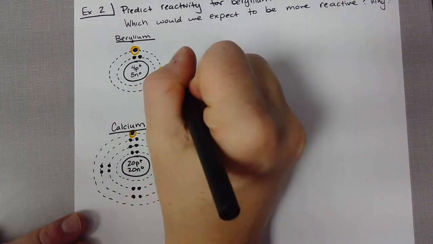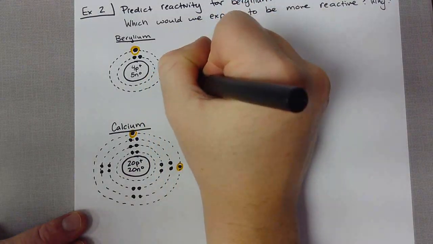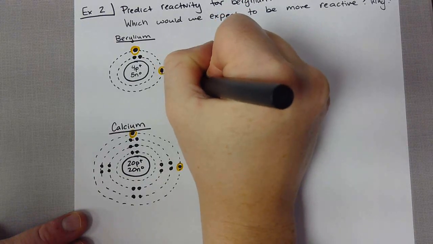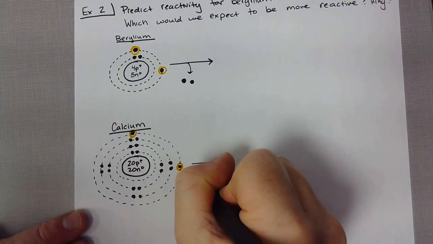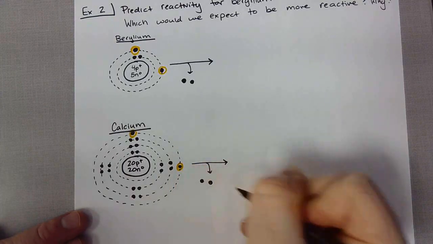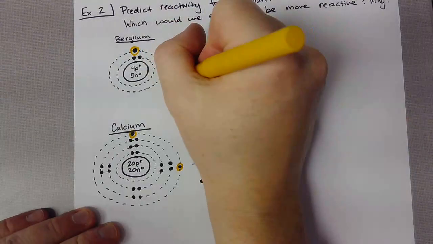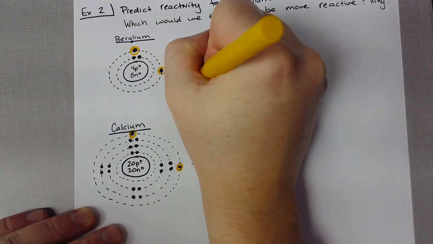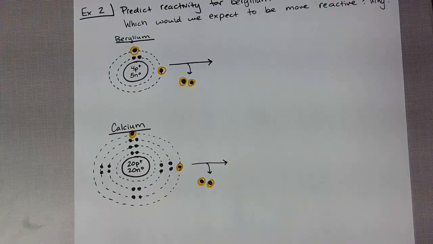They're both going to get rid of 2. However, we can use the trend I already gave you to predict who's going to give those away a little bit easier.